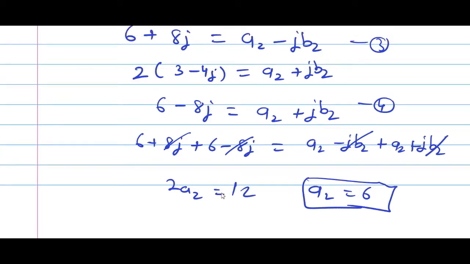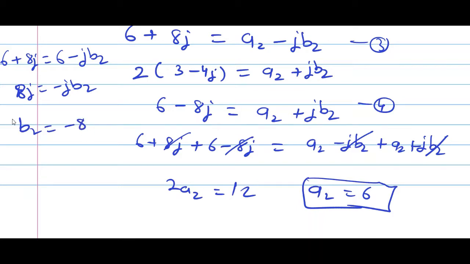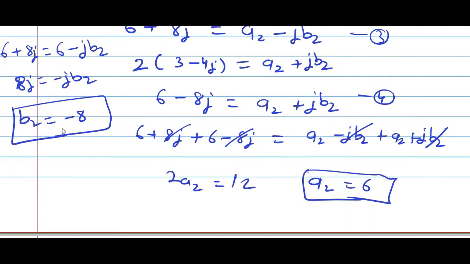So if I substitute this A2 value in equation number 3, it becomes 6 plus 8j equal to 6 minus JB2. 6 cancels, so it becomes 8j equal to minus JB2. So J cancels, so B2 equal to minus 8. So this is how we have determined the trigonometric Fourier series coefficients from exponential Fourier series coefficients.